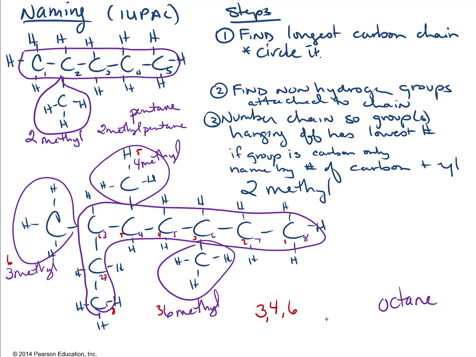I can say 3, 4, 6 trimethyloctane. So I just group all the methyls together. The numbers tell you which carbons they're hanging off of. And the tri is very redundant, but that's how they said to do it, because the tri tells you there are 3 of them: 1 on carbon 3, 1 on carbon 4, and 1 on carbon 6.